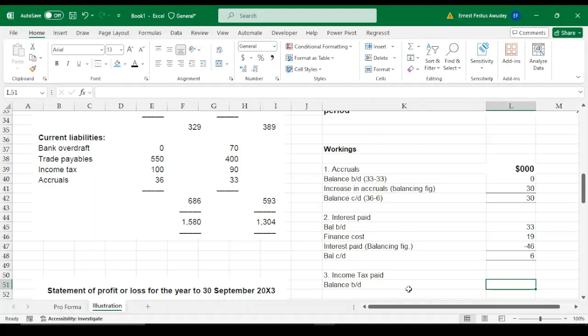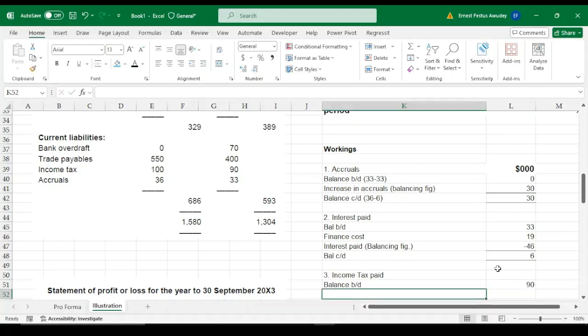When there are two taxes, current tax and deferred tax, we add both of them together to obtain our balance brought down at the beginning of the period. Okay, but here, just income tax, we don't know whether it is deferred, but this is under current liabilities. So this is current tax liabilities. So at the beginning of the period, which is the comparative figure here for 20x2, the amount is what?